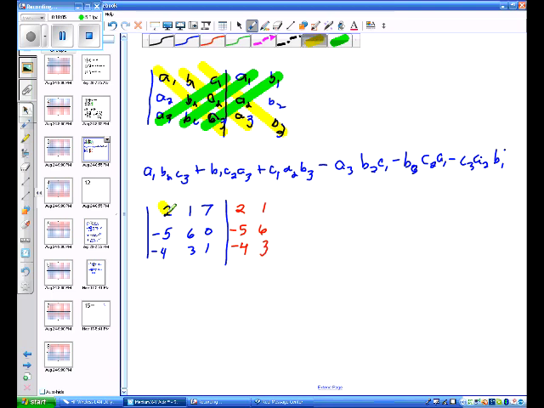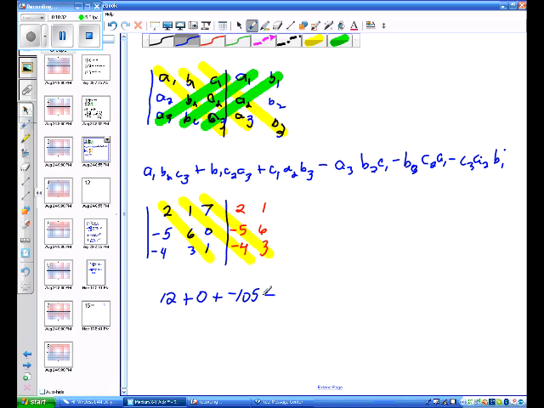Then we're going to multiply our diagonals going down. So as we do that, we've got 2 times 6 would be 12, plus, well, this next one's 0. Anytime it's got a 0 in it, that's nice. Plus, then 7 times -5 times 3 would be -105.